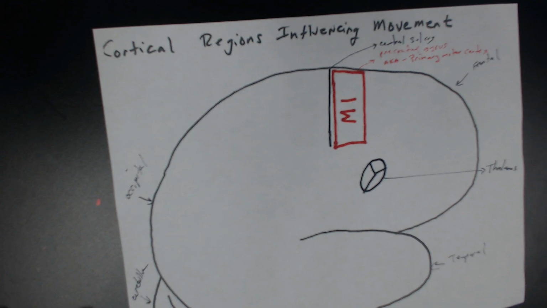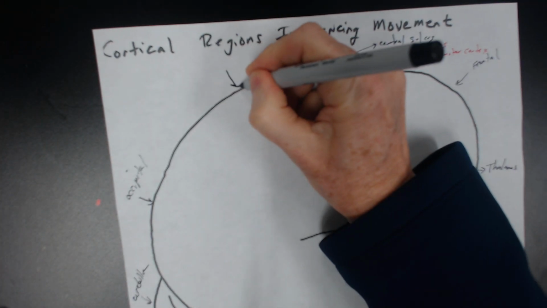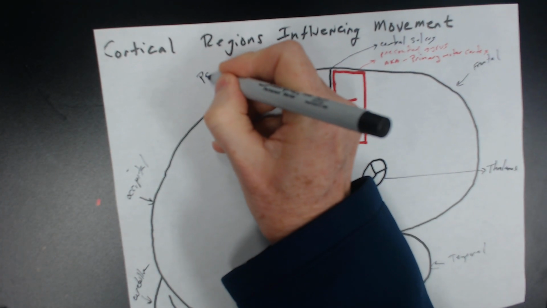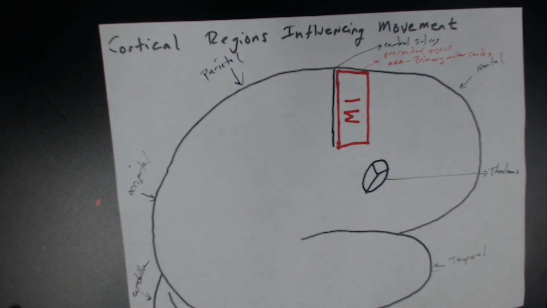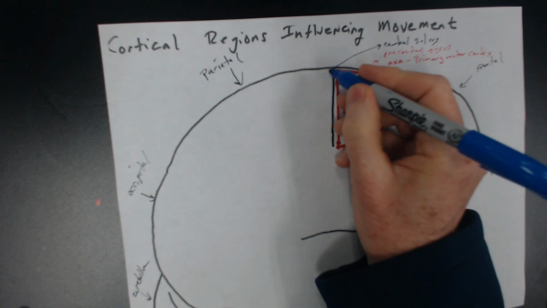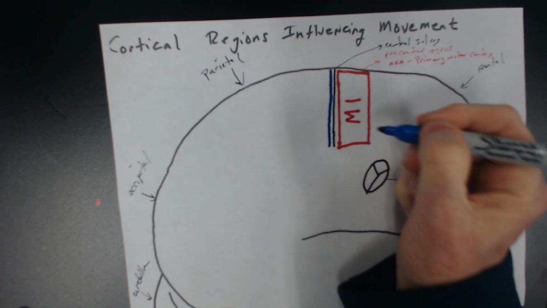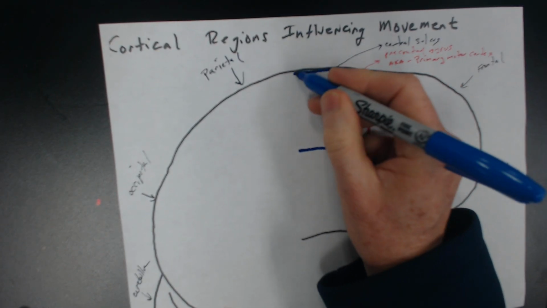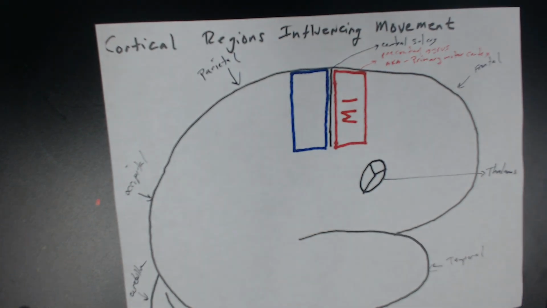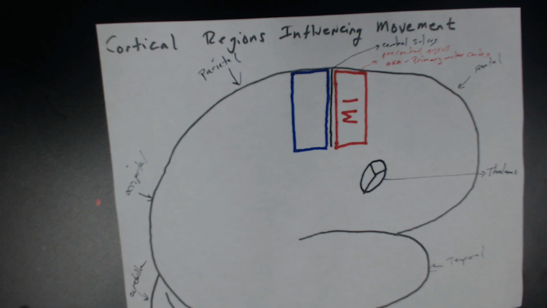Okay. All right, that's M1. So the other area that we talked about previously. Oh, I forgot to label this. What's the name of this lobe here? Parietal. Great. That's your parietal lobe, located here behind the central sulcus. We had another region that we talked about previously, and that resides in the parietal lobe. Does anybody remember the name of that region? Perfect.